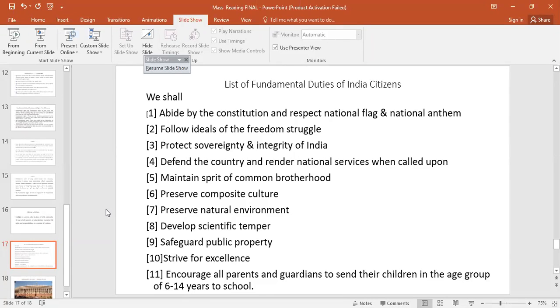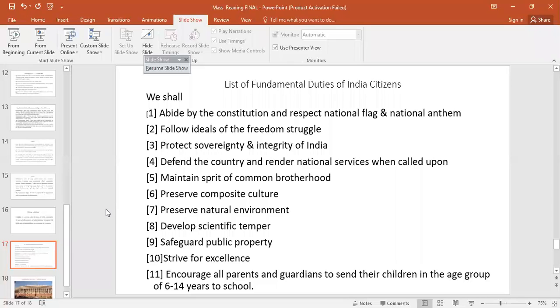We shall abide by the Constitution and respect national flag and national anthem. We shall follow ideals of freedom struggle. We shall protect sovereignty and integrity of India.